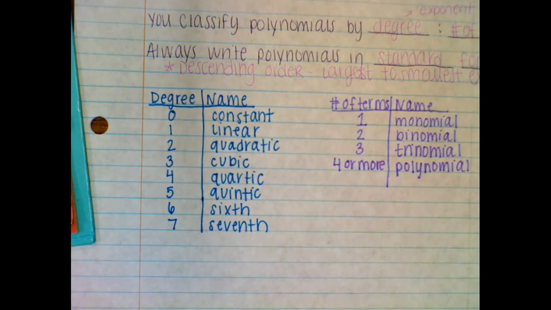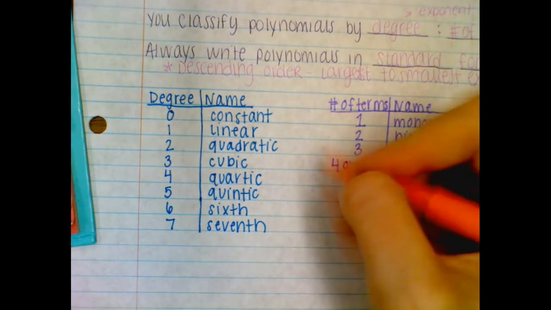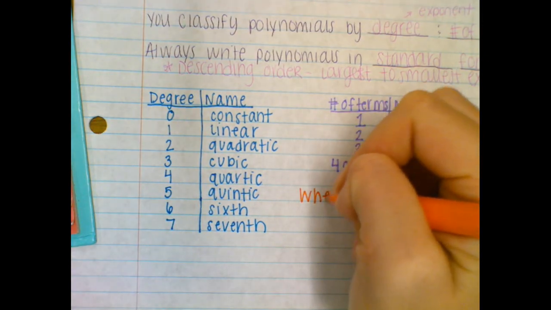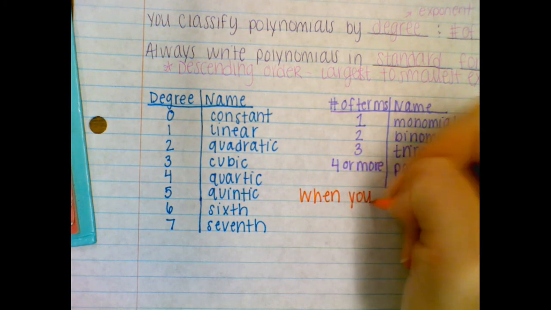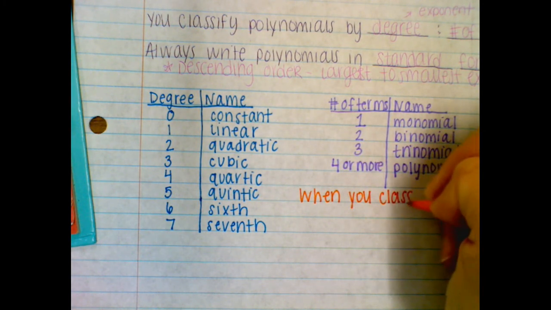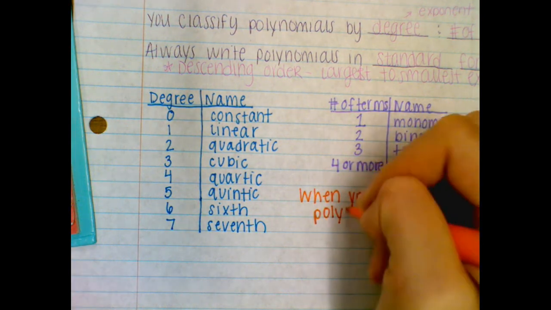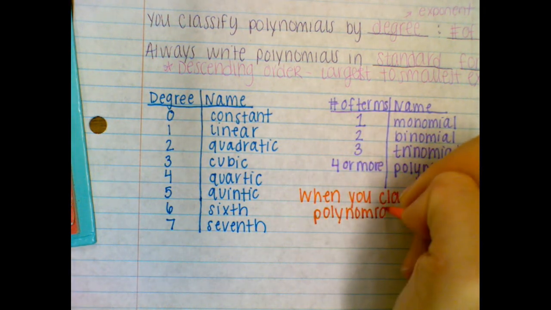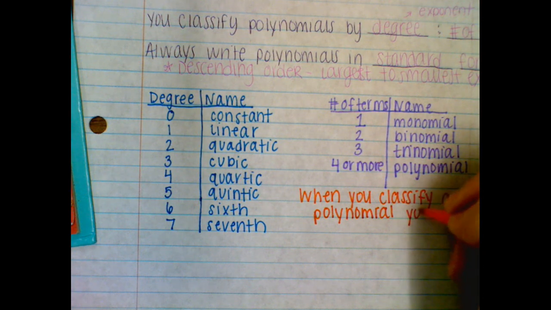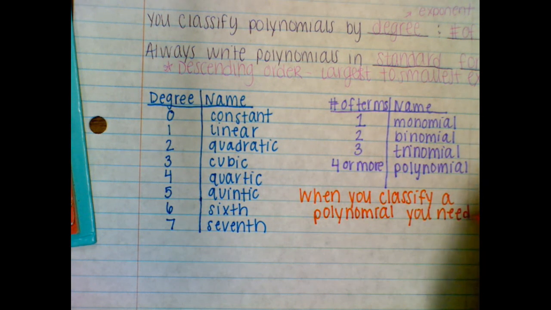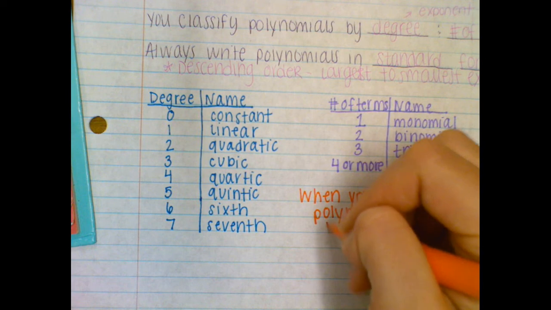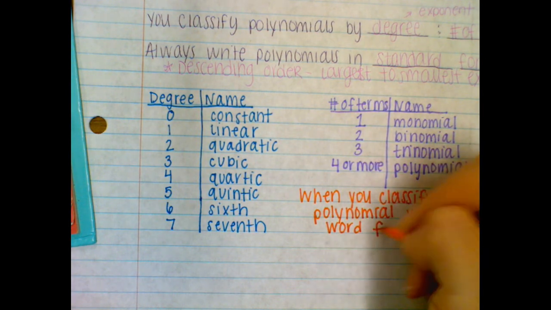So when you name or classify a polynomial, you need one word from each list.